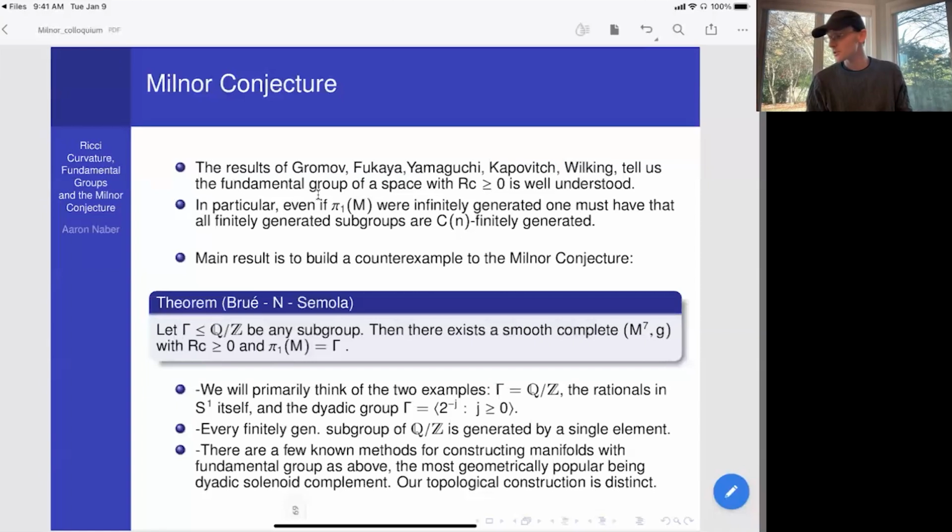Our topological construction is actually distinct. As it turns out, this is a new way of building spaces with fundamental groups that are infinitely generated in this sense. I gave a very painful talk in front of a bunch of topologists precisely to confirm whether that was true or not. For us, of course, we built it geometrically and then after the fact asked what the thing looks like and tried to understand it.